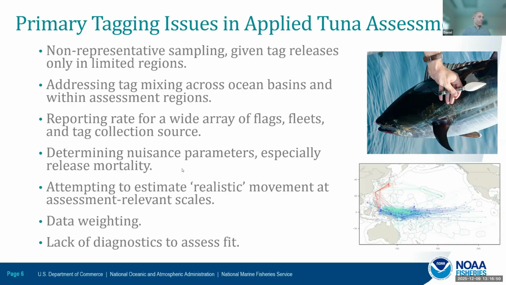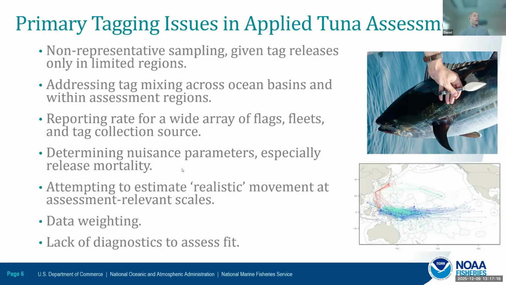And of course, there are a bunch of other what we term nuisance parameters, especially with conventional tagging data. So things like release mortality and tag loss are all very important when you start trying to infer what the mortality is and the movement. And if you don't know what that is, or you incorrectly put a number on that, then you start getting a lot of bias.